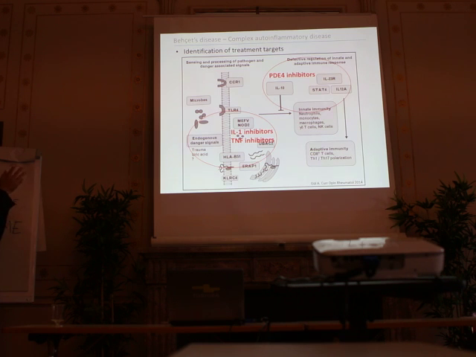The first part is about the sensing and processing of these signals, indicating the role of IL-1 and TNF. So we have now a study being conducted for uveitis of Behçet's disease by an anti-IL-1 monoclonal antibody. And we also know the success of anti-TNFs in many manifestations of the disease. And the other one is PDE4 inhibitors, we call apremilast.